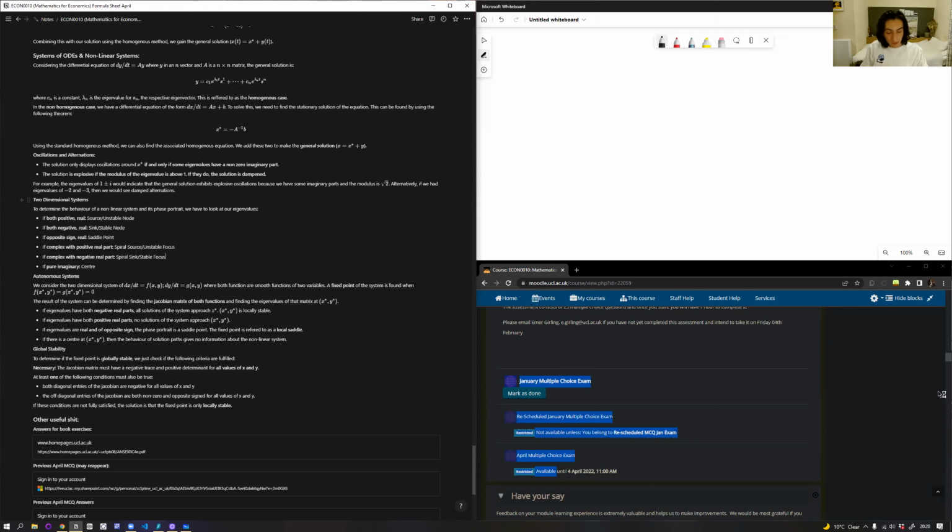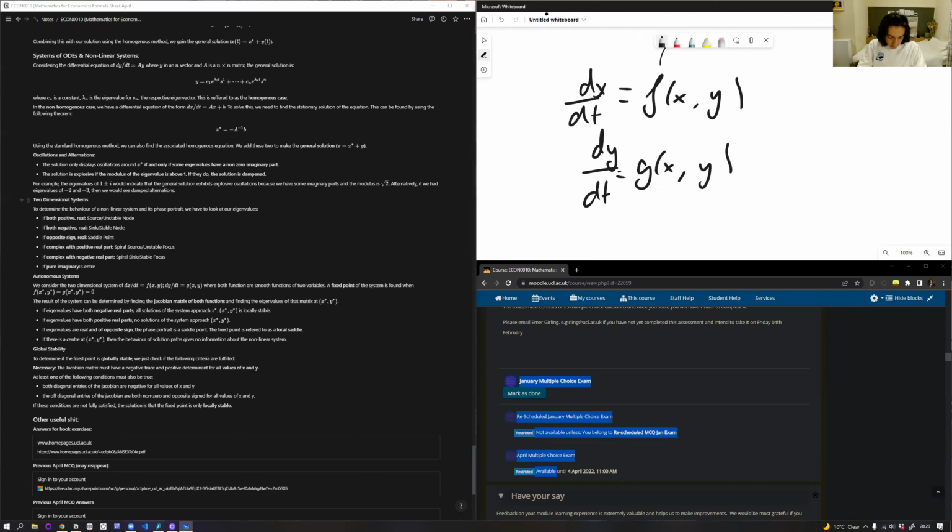Okay, so we'll just go over nonlinear systems now. We assume we have a system which has two dynamics to it. We've got dx/dt, which is some function f(x,y), and dy/dt, which is some function g(x,y). The stationary solution is the first thing here.